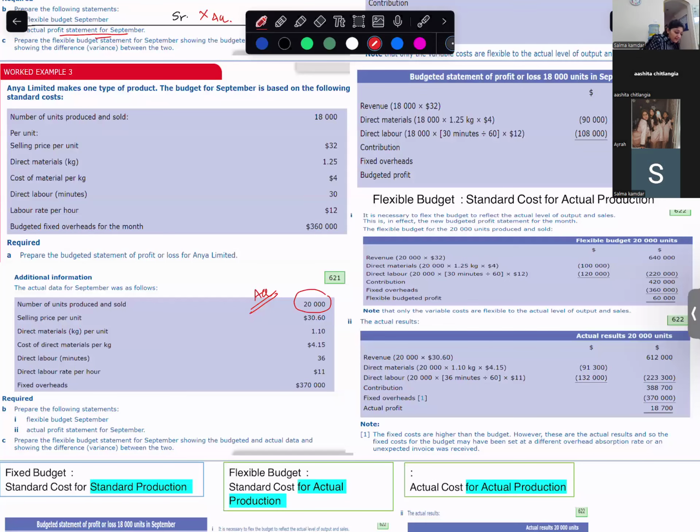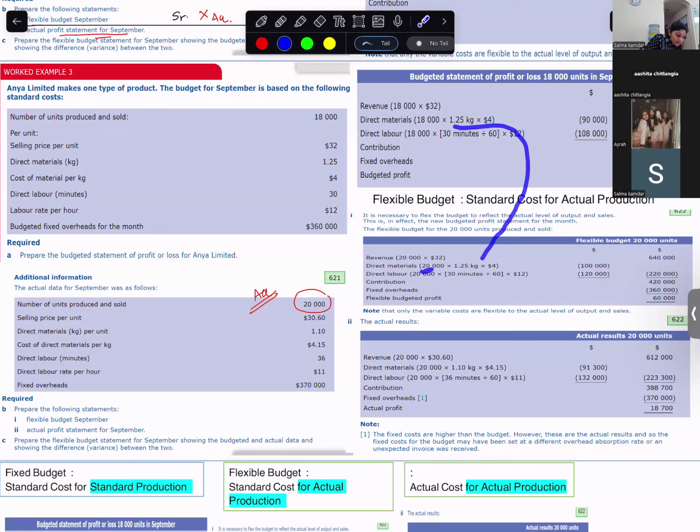So when you're doing the flexible budget, your revenue would be 20,000 units into 32. Standard rate, actual quantity. Direct material would be 20,000 units into 1.25 into 4.